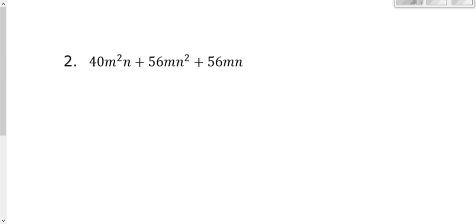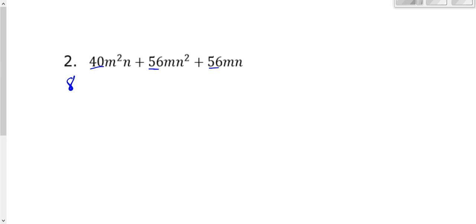Okay, number 2. Looking at this one, it looks different than things we have looked at, but I can actually see that all of these are divisible by 8. 40, 56, and 56 are all divisible by 8. So first I'm going to take a greatest common factor out of 8.